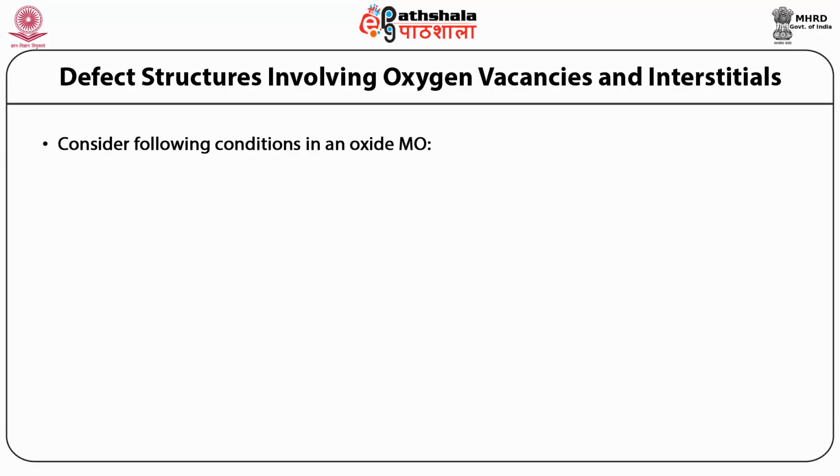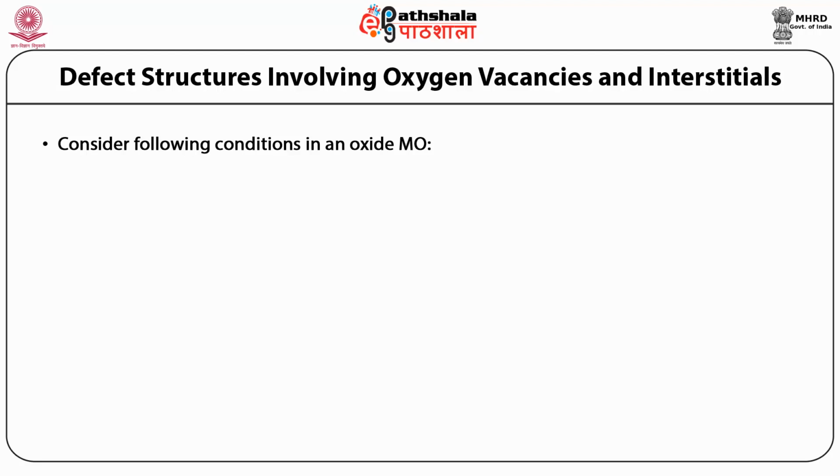Depending upon the partial pressure of oxygen, an oxide may be oxygen deficient or metal excess, or it can be metal deficient, which we can call oxygen excess. Let us consider the following conditions in an oxide MO.